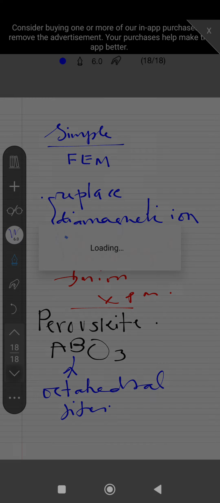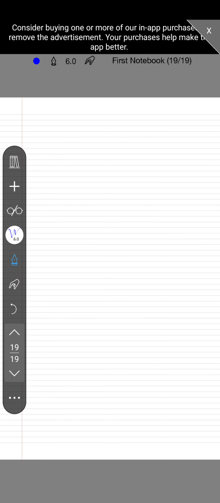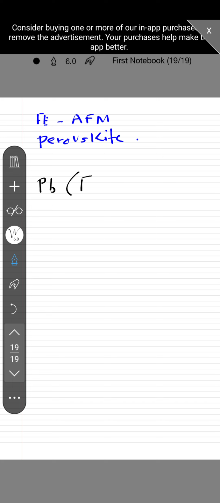And a good example of a ferroelectric antiferromagnetic perovskite material is this material, lead Pb, then Fe 1 by 2, Nb 1 by 2, O3.